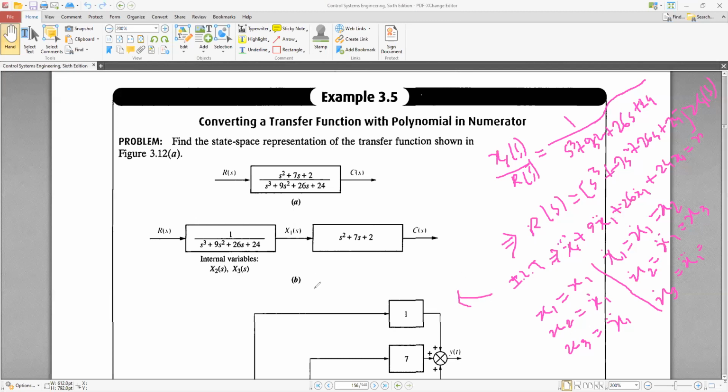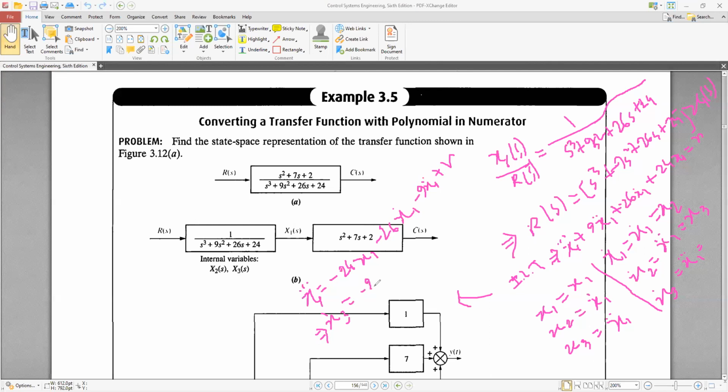From this equation, x1 triple dot is equal to minus 24 x1, minus 26 x1 dot, minus 9 x1 double dot, plus r. But x1 triple dot is equal to x3 dot.